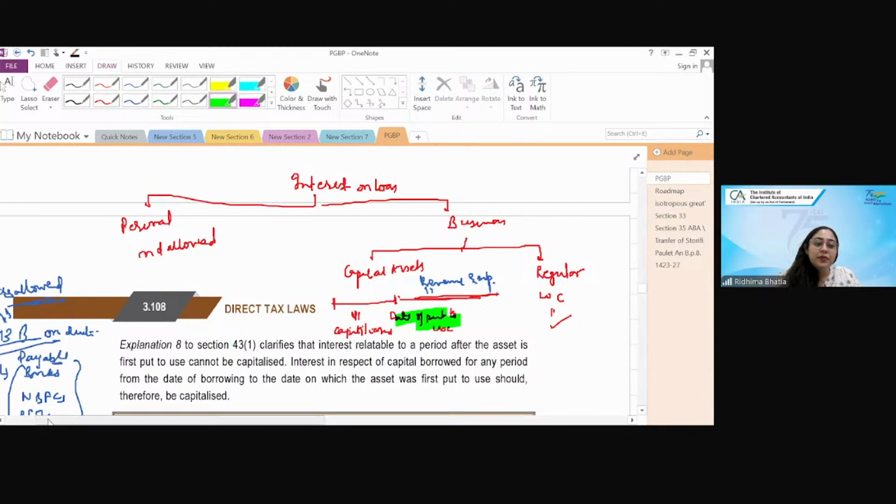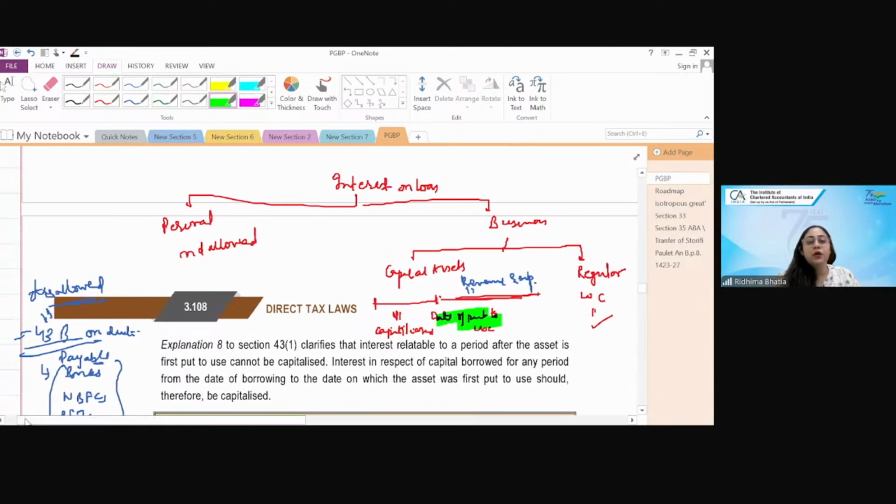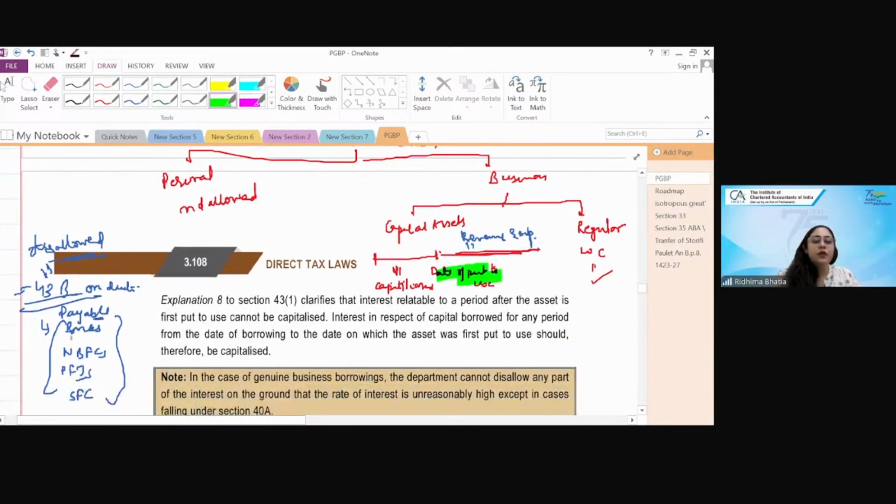But again, at the same time, remember, no matter which interest I'm talking about, whether on capital asset or on working capital, if that loan is taken from NBFCs, PFIs, state financial corporations, banks, then it would be allowed only if paid till the return filing date. Whatever is paid till the return filing date would be allowed.